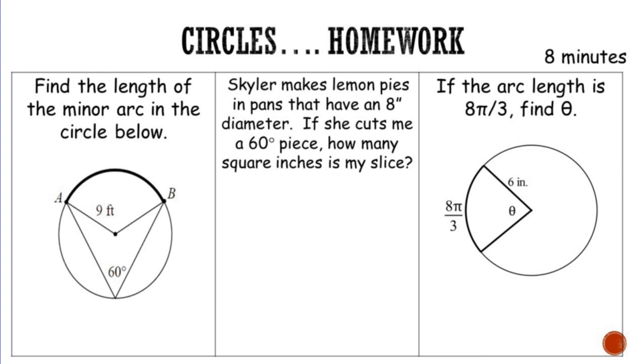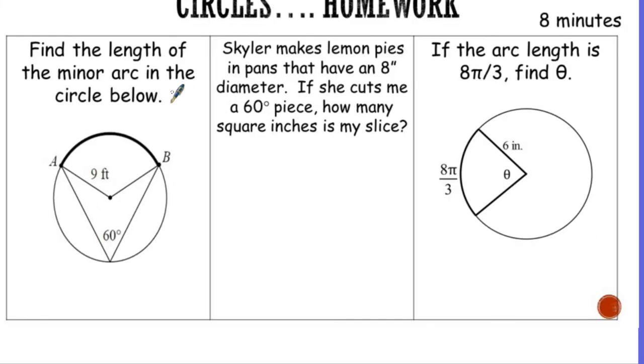Okay, so now this tells us to find the length of the arc, the minor arc in the picture. Well, if we look, we have an inscribed angle. Oh no, it said to find the length of the arc. Okay, so that means I need to find how long this piece right here is. And since I'm doing arc length and this is a part of a sector of the circle, there's a few things that we need.